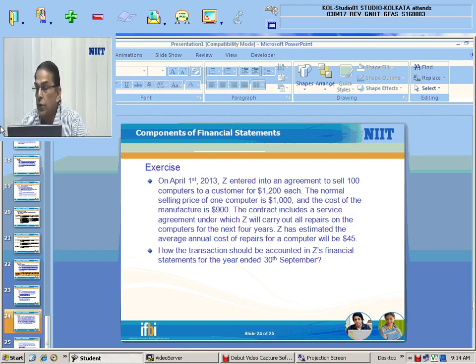The contract includes a service agreement under which Z will carry out all repairs on the computers for the next 4 years. Z has estimated that the average annual cost of repairs for a computer will be $45. So how should the transaction be accounted for in Z's financial statements for the year ended 30th September, that means after 6 months?